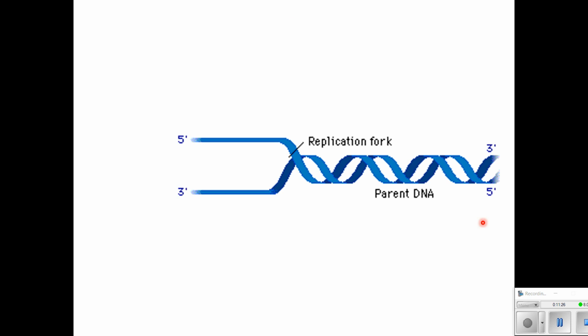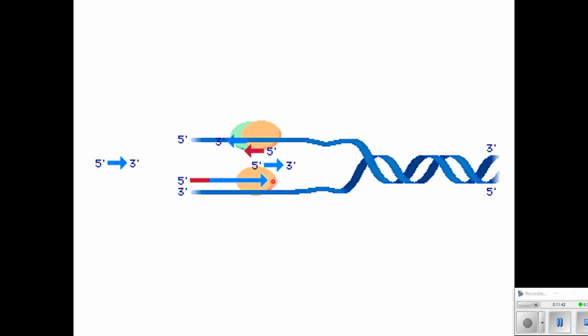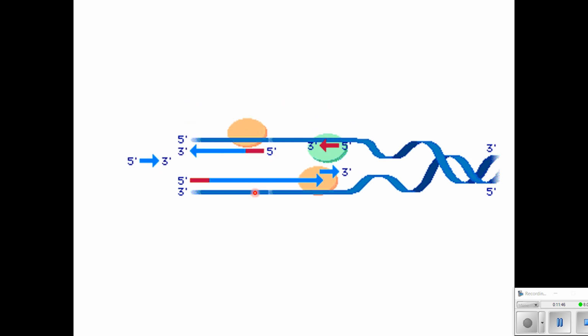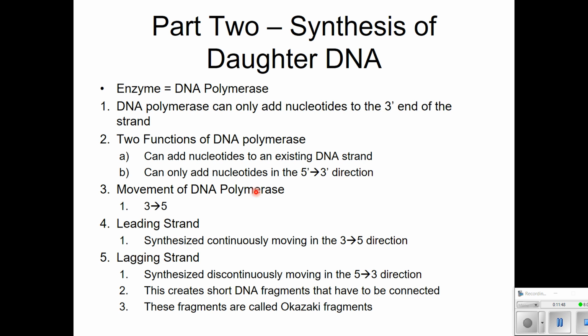Because that is the case, you cannot copy the DNA strand in the same way on either side of this molecule. If you go 5 to 3 left to right for one strand, you'll have to go backwards on the other strand because each strand is in opposite directions.